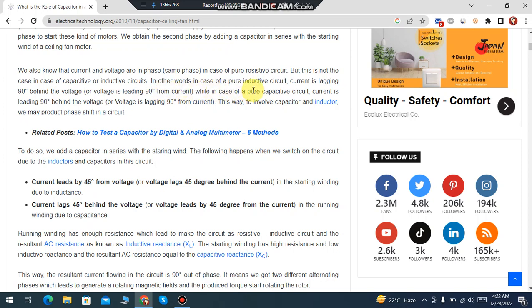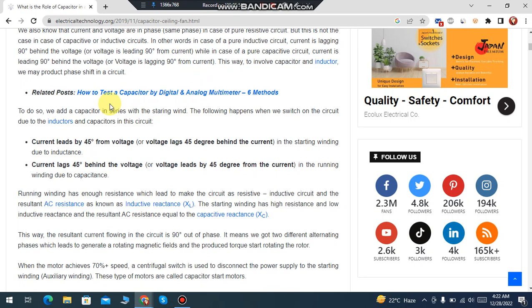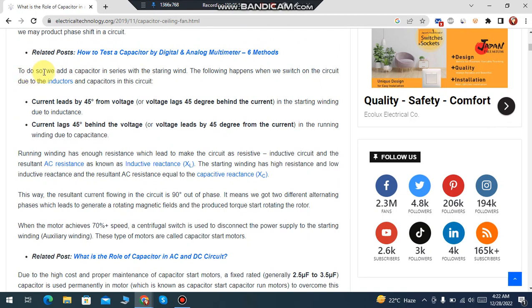While in a pure capacitive circuit, current leads the voltage by 90 degrees. This way, by involving a capacitor and an inductor, we may produce a phase shift in a circuit. To do so, we add a capacitor in series with the starting winding.